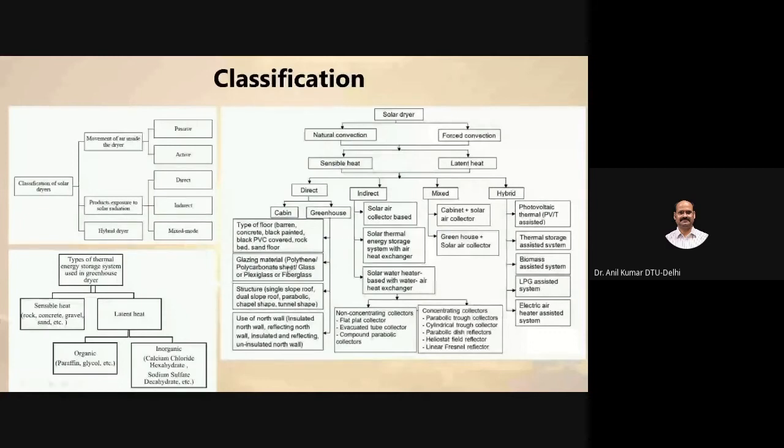The structure can be single roof, double roof, chapel, dome, or parabolic, and of course this shape is also very important for the airflow. Basically, proper or uniform airflow depends on the proper structure of the greenhouse. And the north wall is insulated, uninsulated, or transparent.